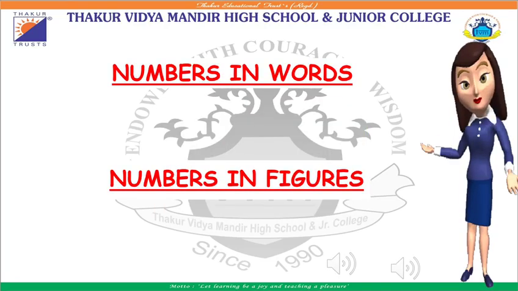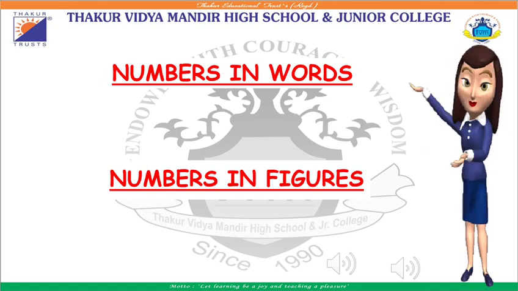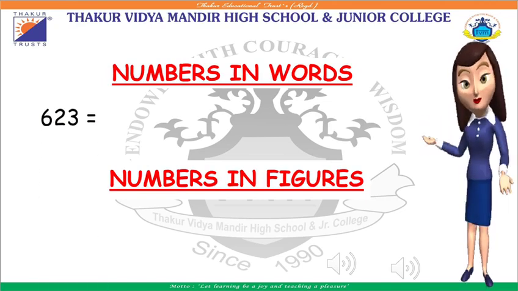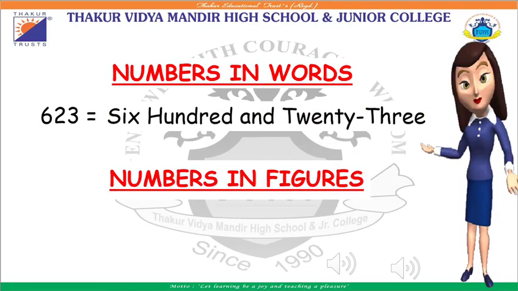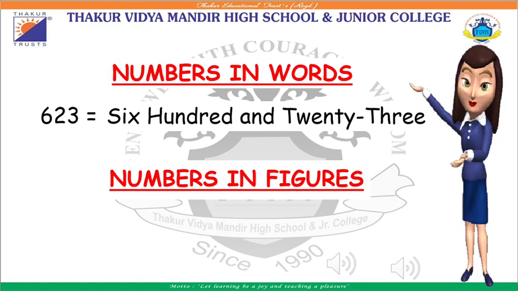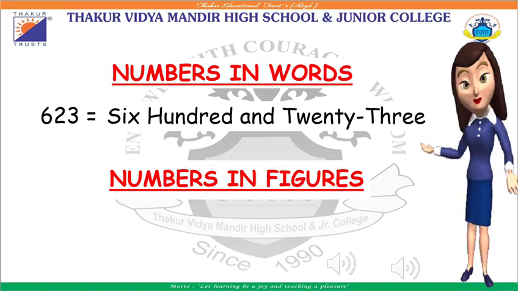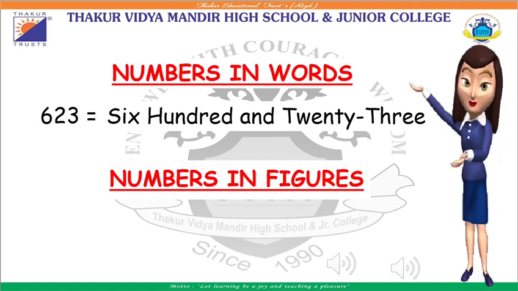Okay, one more example. The number written on the screen is 623. So, in words, I will read it as 623. Now, if I am given the numbers in words, how will I write it in figures?